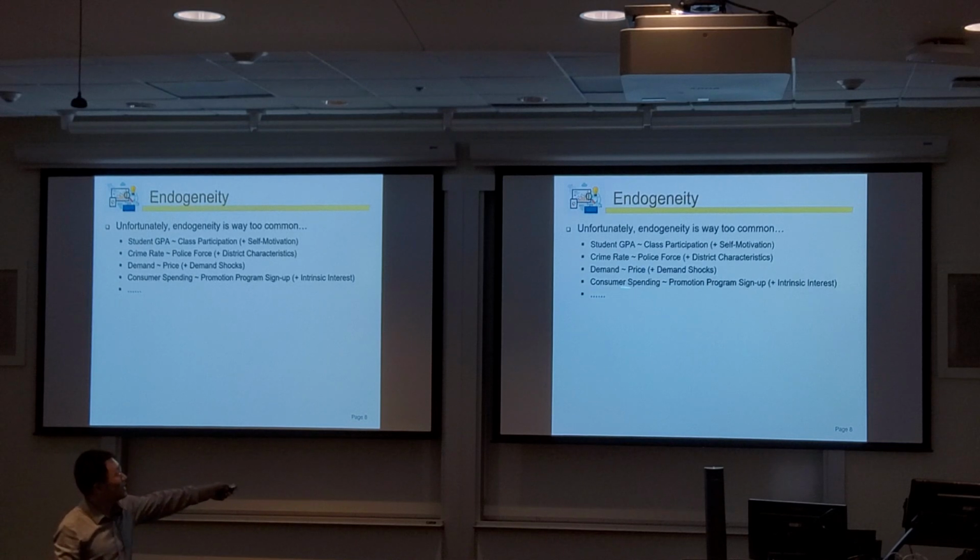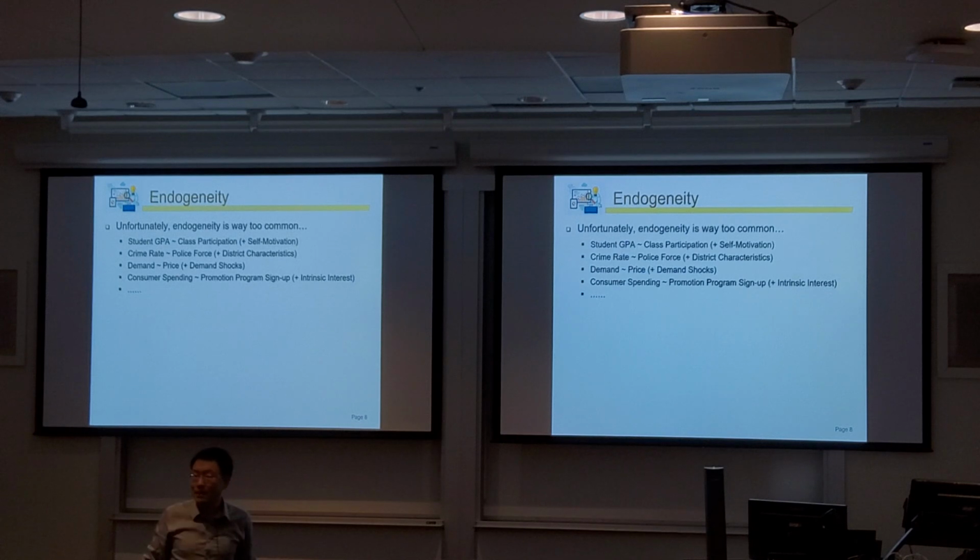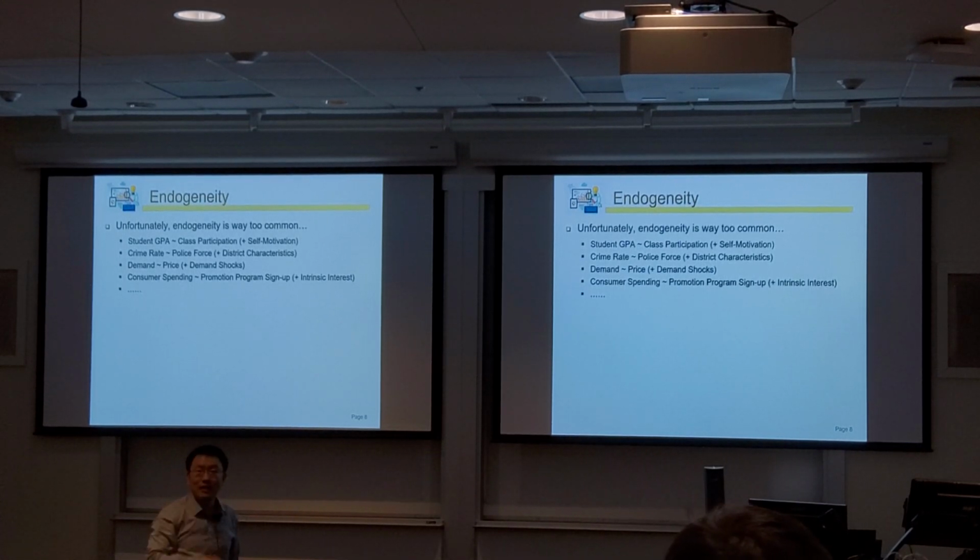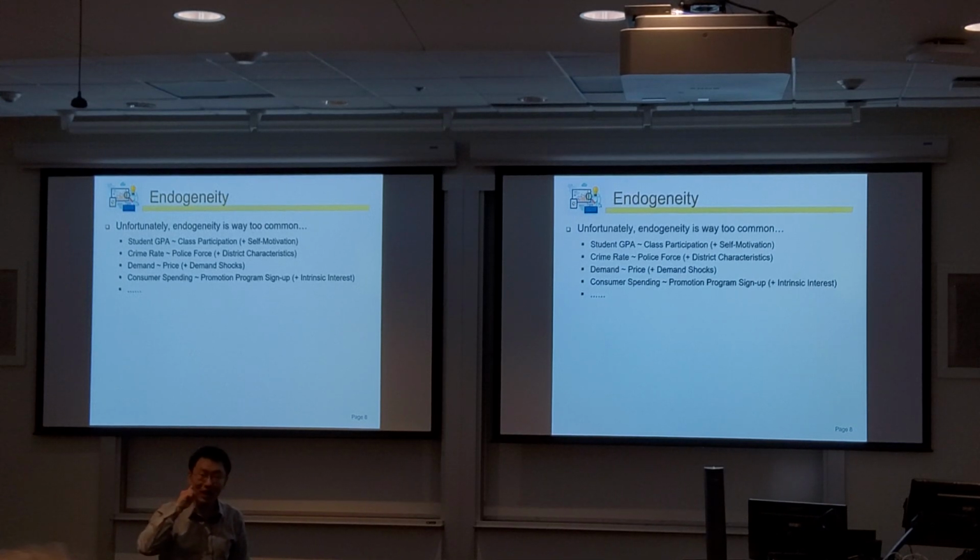All right? Another same thing, consumer spending on promotional program sign up. If you want to ask what's the effect of signing up for a certain promotional program on consumer spending, and you just collect data like that and run a regression, you may end up overestimating the effect of promotion sign up on the spending. Because think about it, the decision to sign up is also endogenous. Those consumers who sign up for the program are those who are more interested in buying from this company.